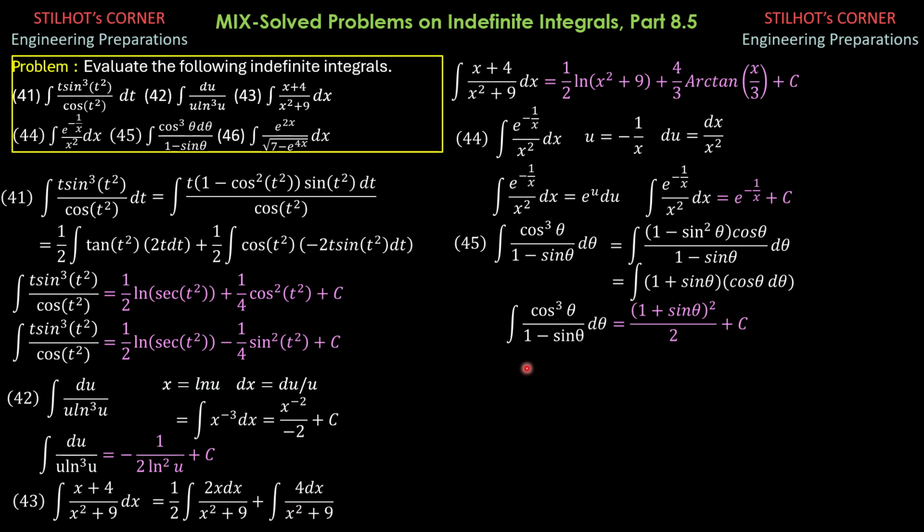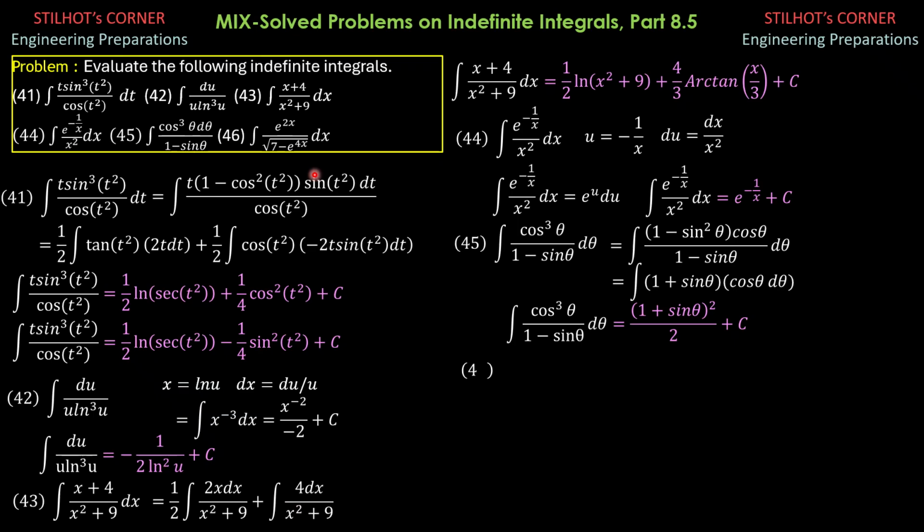I'm not putting it here, but that's the other answer. The third possible answer is sine theta minus cosine squared theta over 2 plus c. So those are the other possible answers. I just leave this as one answer.